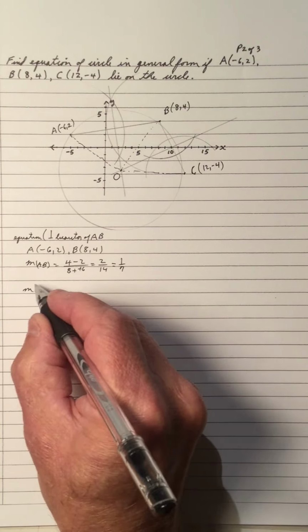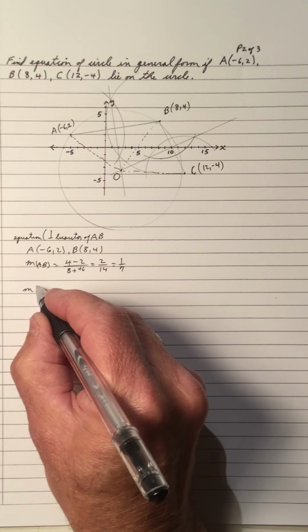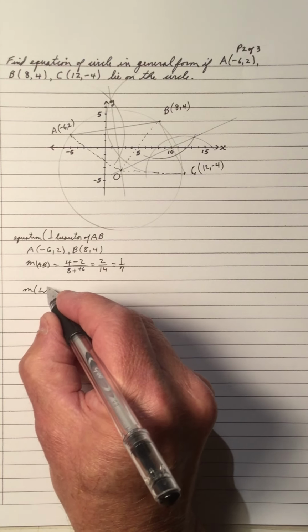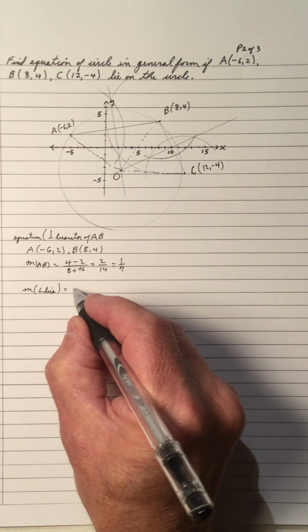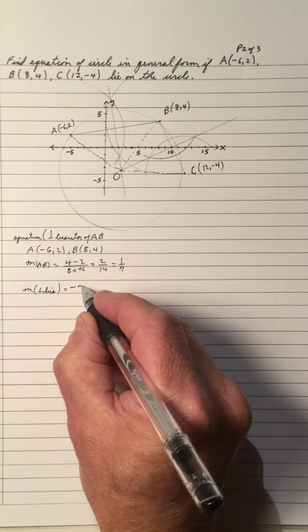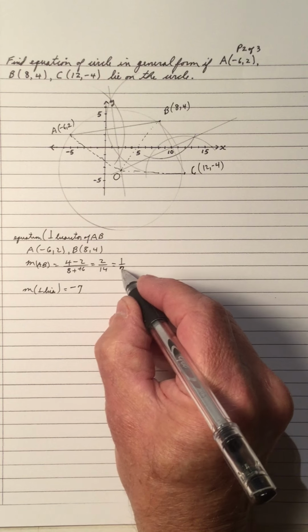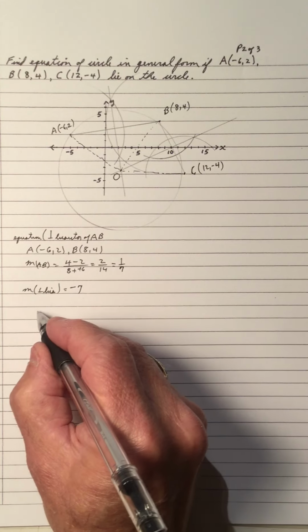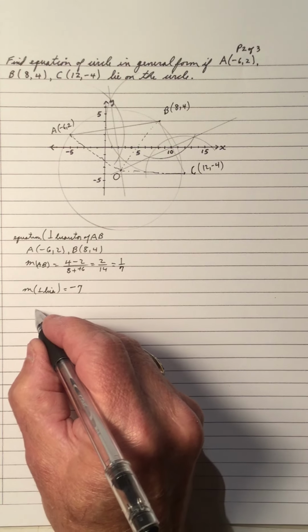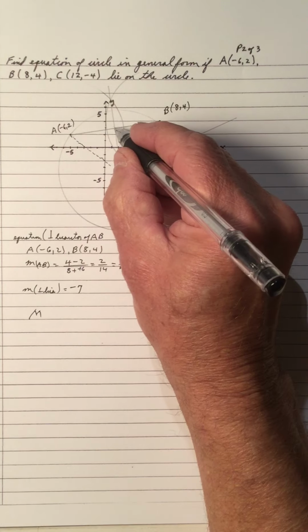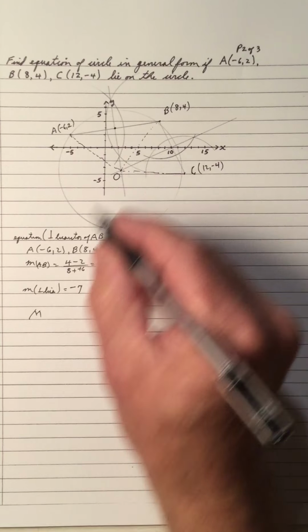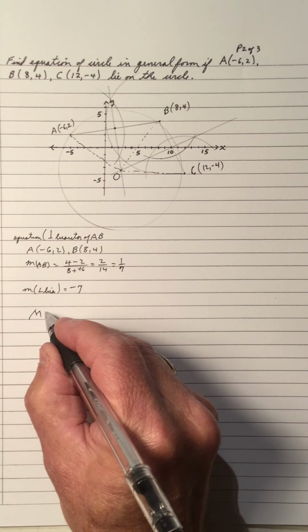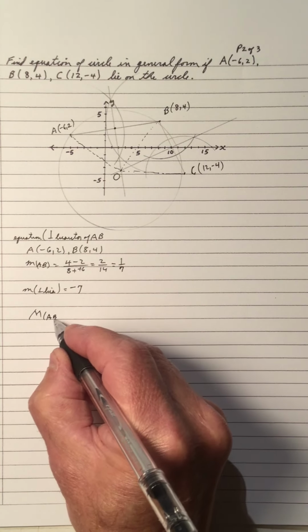So the slope of the perpendicular bisector, I'm going to say BIS, is -7, the negative reciprocal. And notice this point right here is the midpoint of AB, so we want to get the midpoint of AB.